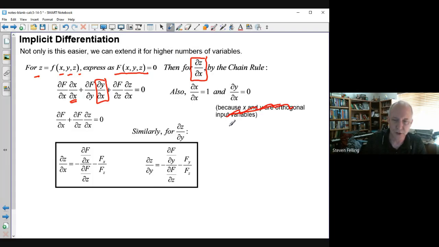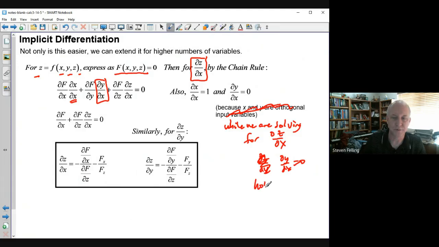It's because while we are solving for the partial derivative of z with respect to x, the partial derivative of y with respect to x is 0, because we're holding y constant, right? We're holding y constant when we're considering the derivative of z with respect to x. So while we're working on this, y is held constant, okay?